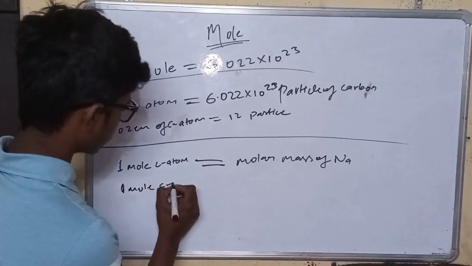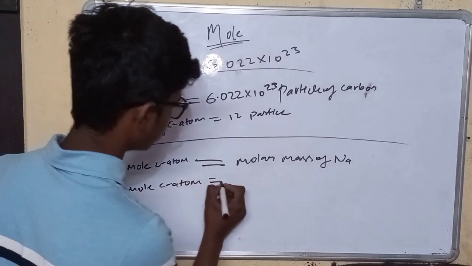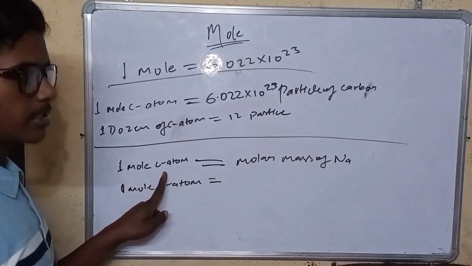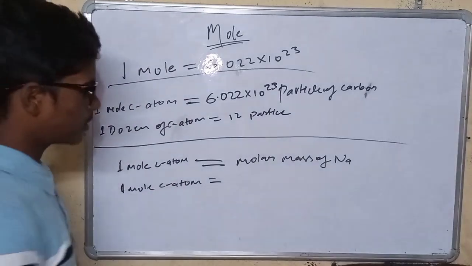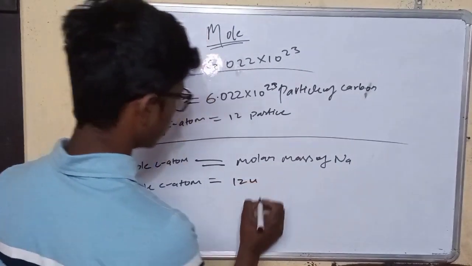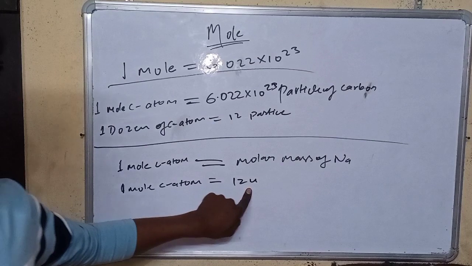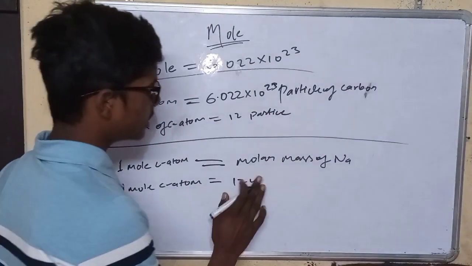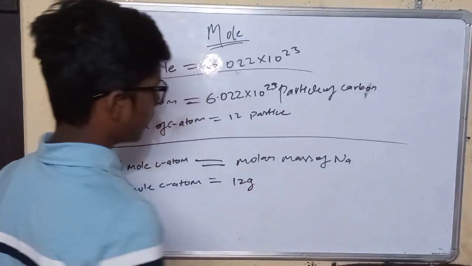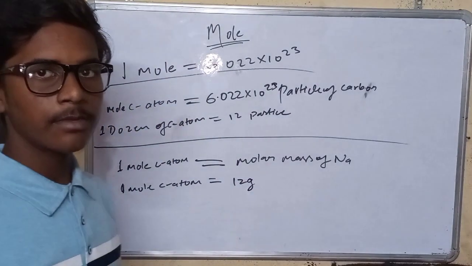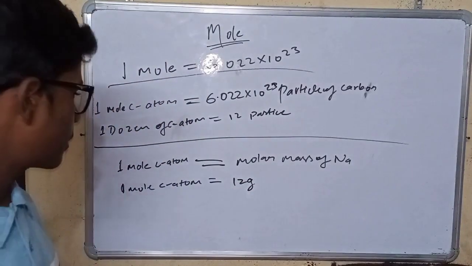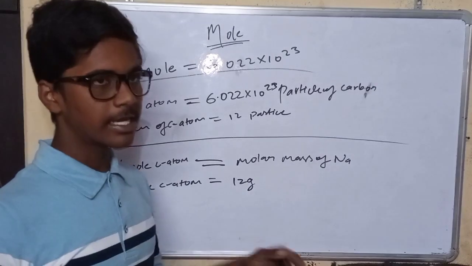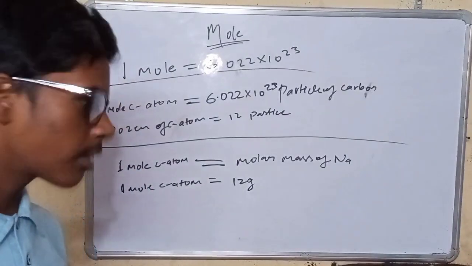Now we write the mass. 1 mole of carbon atoms is equal to, carbon's atomic mass is 12 u. We will not use u, we will use g. For finding mole and mole-related questions, we use gram atomic mass and gram molecular mass.